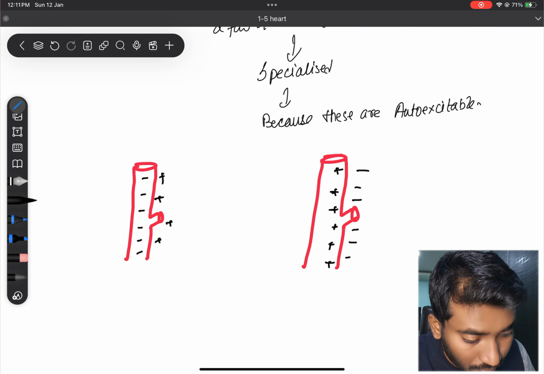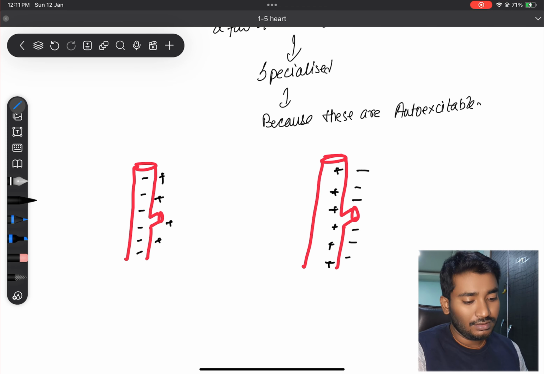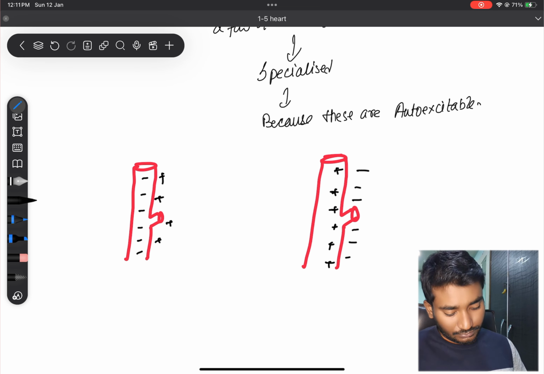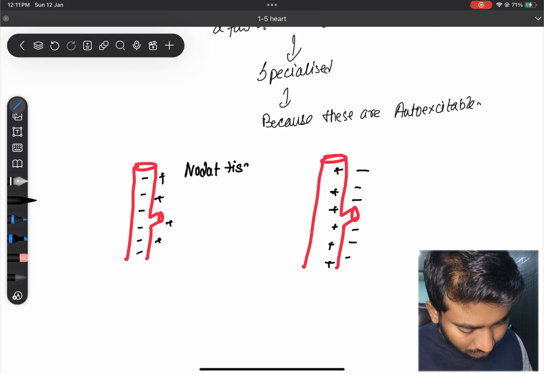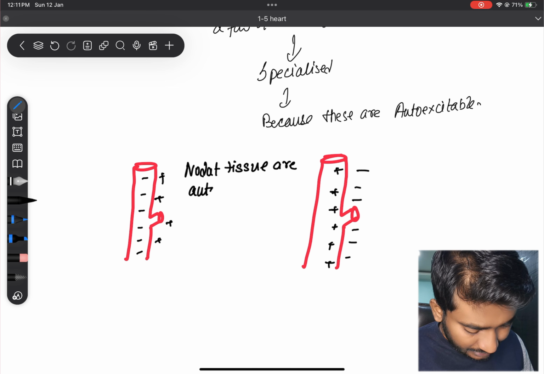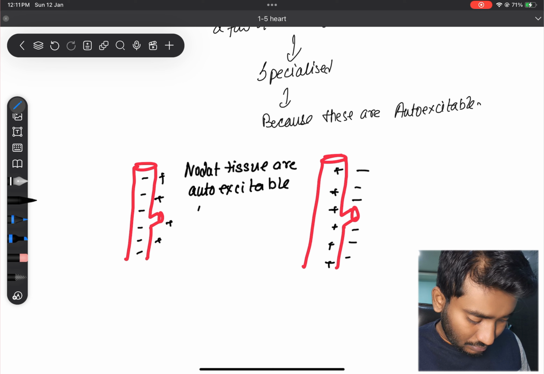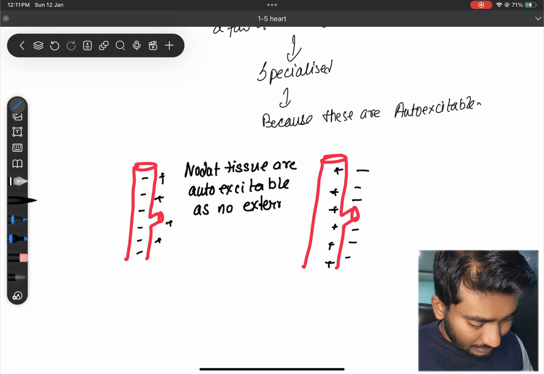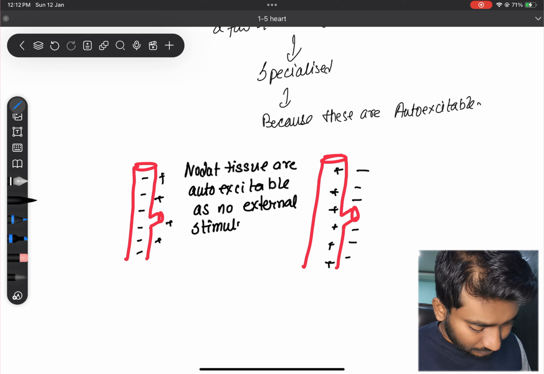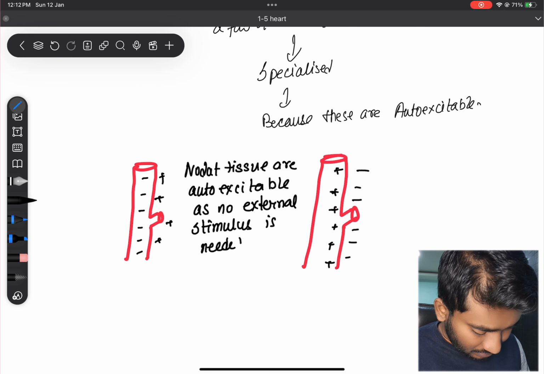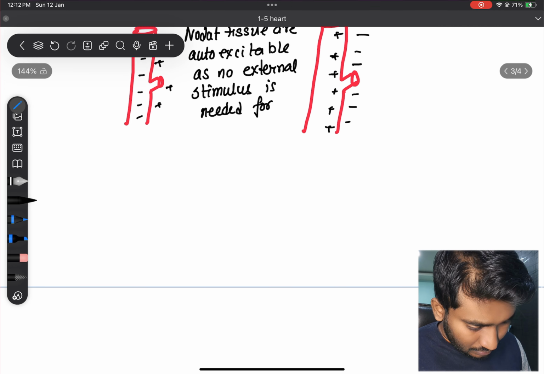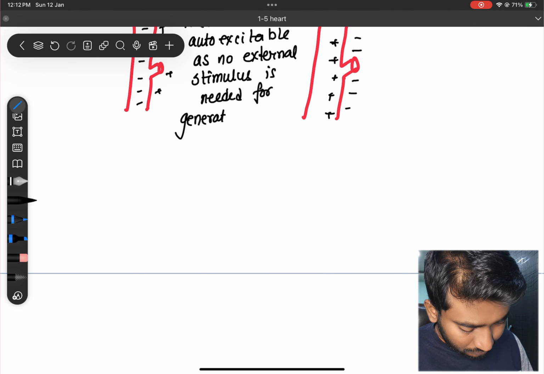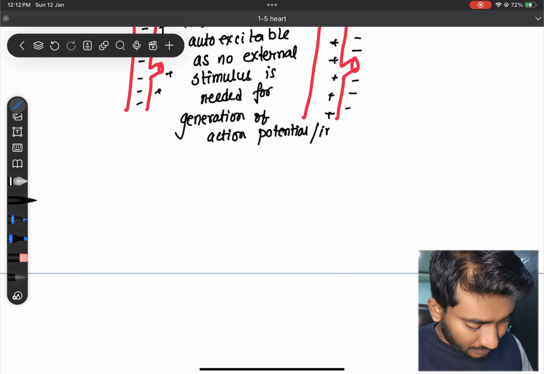So nodal tissue is auto-excitable as no external stimulus is needed for generation of the action potential of the nodal tissue, the impulse.